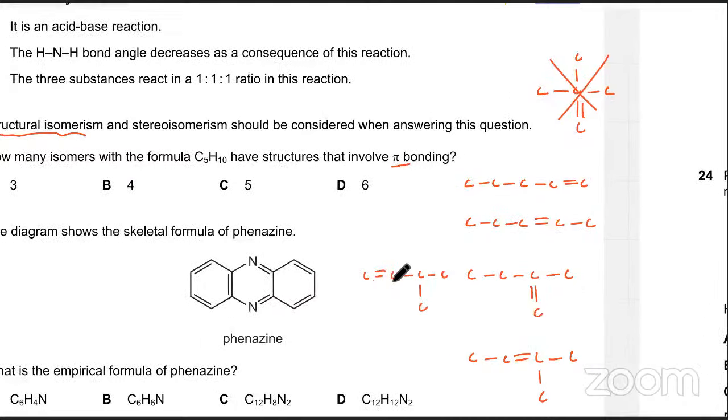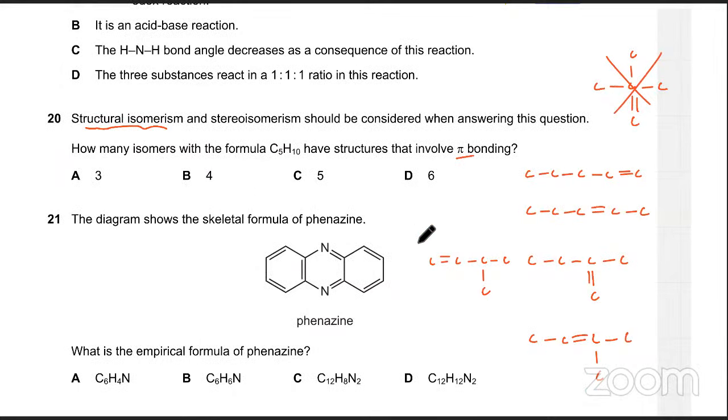Now I need to figure out the total isomers, including stereoisomers. Whenever you have a double bond, the only thing that's possible is cis trans. For cis trans, you need the double bonded carbon atom to be bonded to 2 different groups. So the first one is not going to form cis trans. The second one is going to form cis trans. Why?